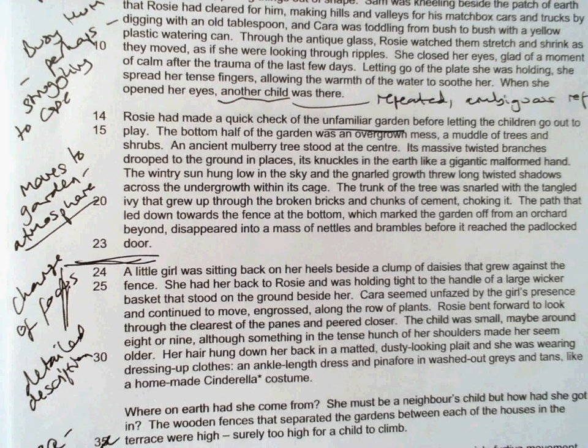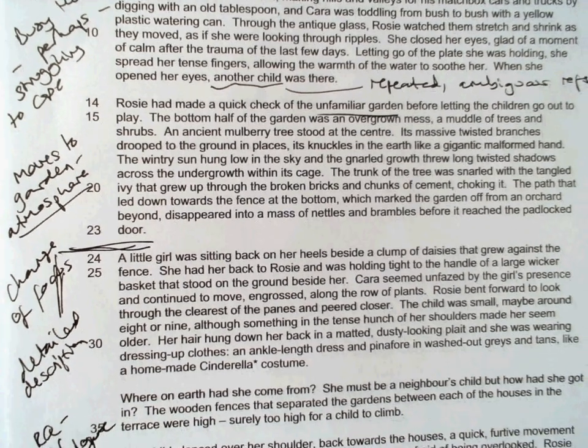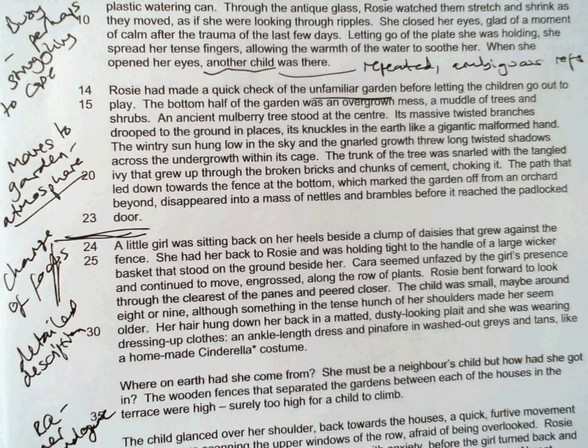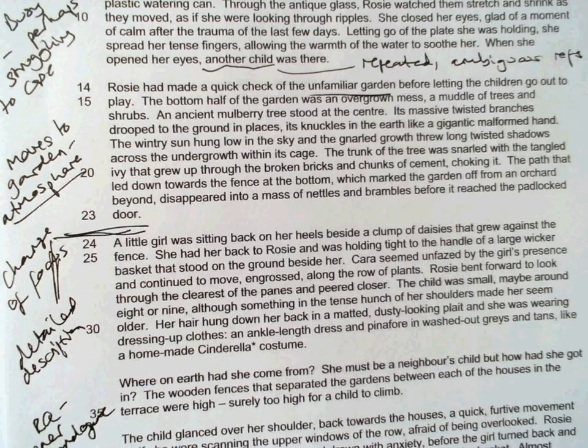We know that Rosie's own daughter Cara seems to ignore this child, and we then get a detailed description of a slightly unusual child, contrasted with the very normal sense of Rosie's children. This girl seems unusual. She looks quite strange, older and more different.